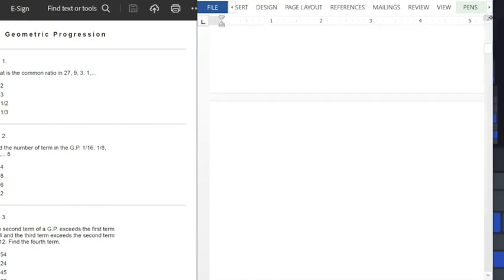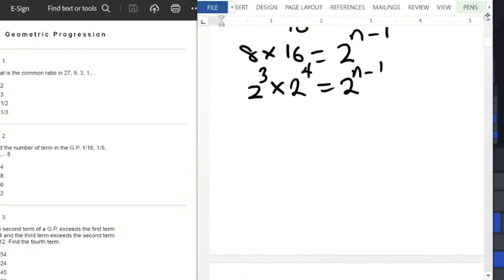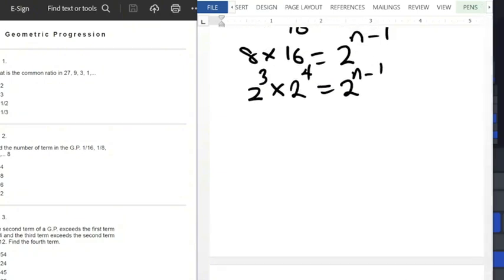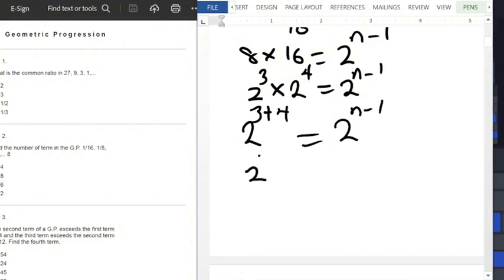Now we reduce the left-hand side to one base. So we have 2 raised to the power 3 plus 4, by the multiplication law of indices, which is equal to 2 raised to the power n minus 1.